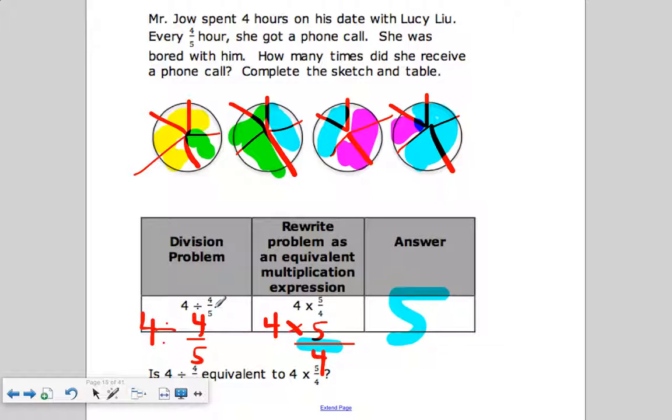Then you're finding the reciprocal of 4/5, which is 5/4. So 4 times 5 is 20. 20 divided by 4 is 5. So in order to divide by a fraction, you must turn it into a multiplication expression that's equivalent to it. So you keep it, you change it to a multiplication, and use its reciprocal.